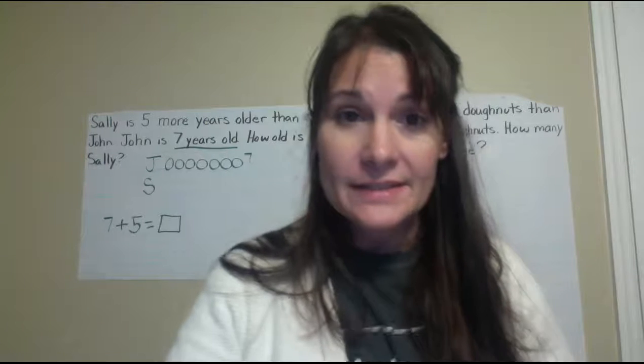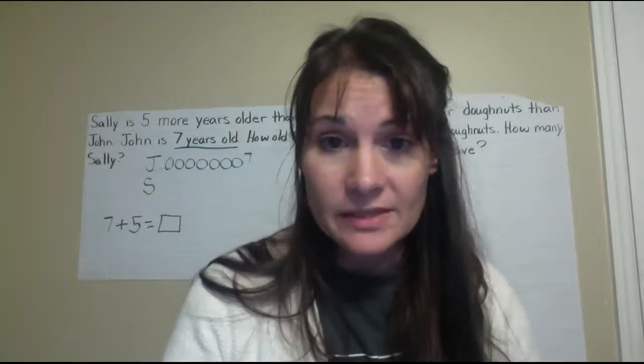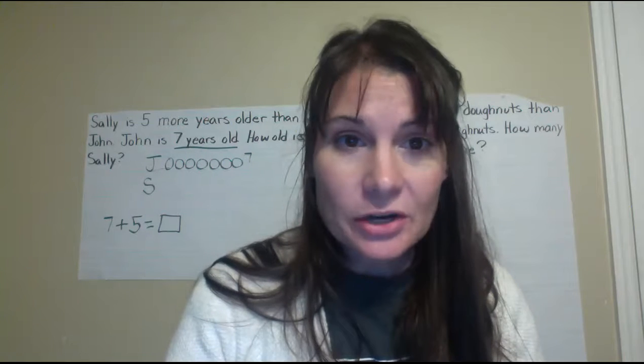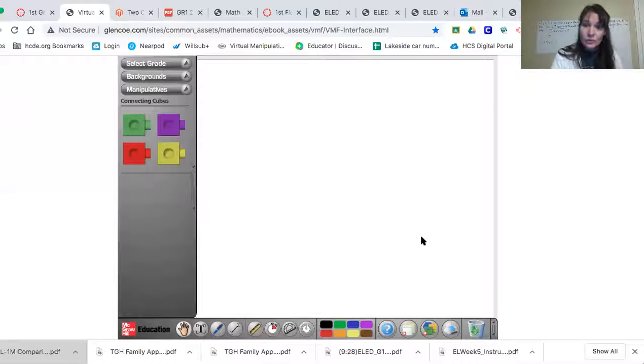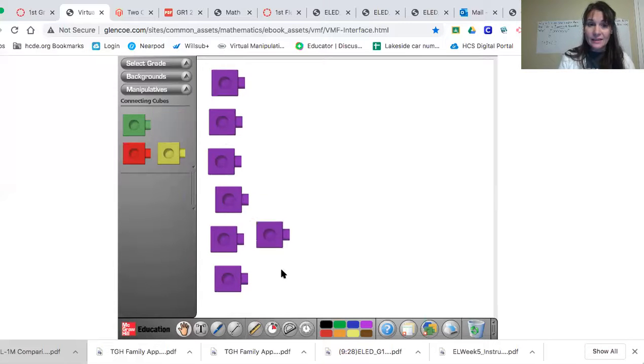All right, guys, let's see how we did. I used my cubes and my counters to help me solve this problem. So I'm going to share my screen and show you how I did that. I had 7 cubes because that's how old John was. 1, 2, 3, 4, 5, 6, and 7.